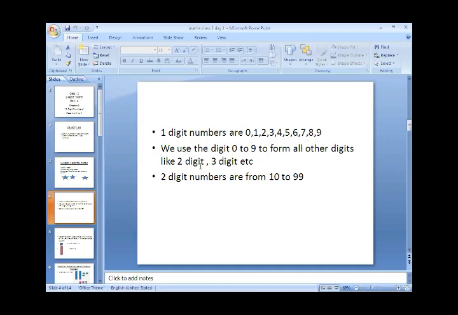We use the digits 0 to 9 to form all other numbers like 2-digit, 3-digit, 4-digit, etc. 2-digit numbers are from 10 to 99. So 0 to 9 are called 1-digit numbers and 10 to 99 are called 2-digit numbers.